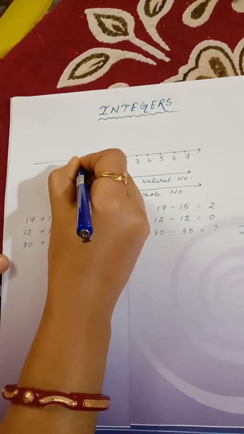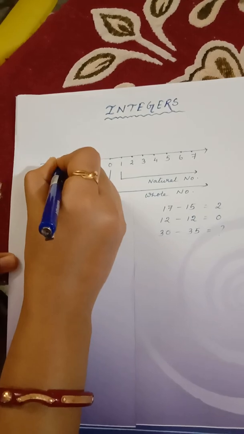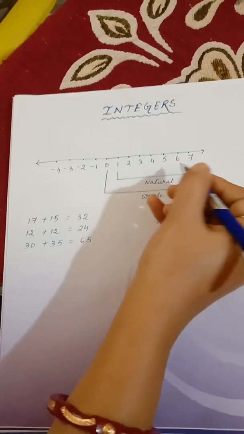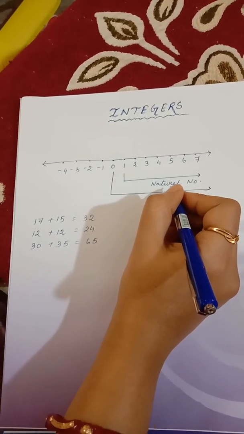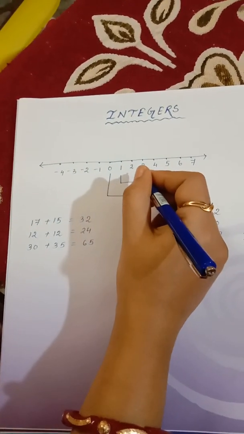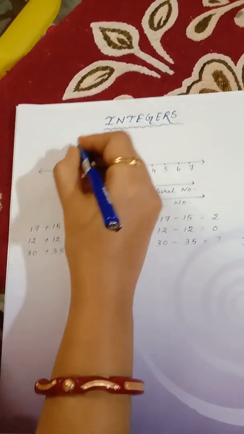Like minus 1, minus 2, minus 3, minus 4, like that, which are just opposite to the natural numbers. So these negative numbers together with the whole numbers are known as integers.